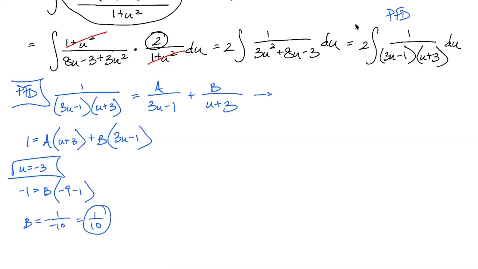Right, we should be getting B equals -1/10, yeah? And the other value that might be nice to pick for you would be a 1/3.